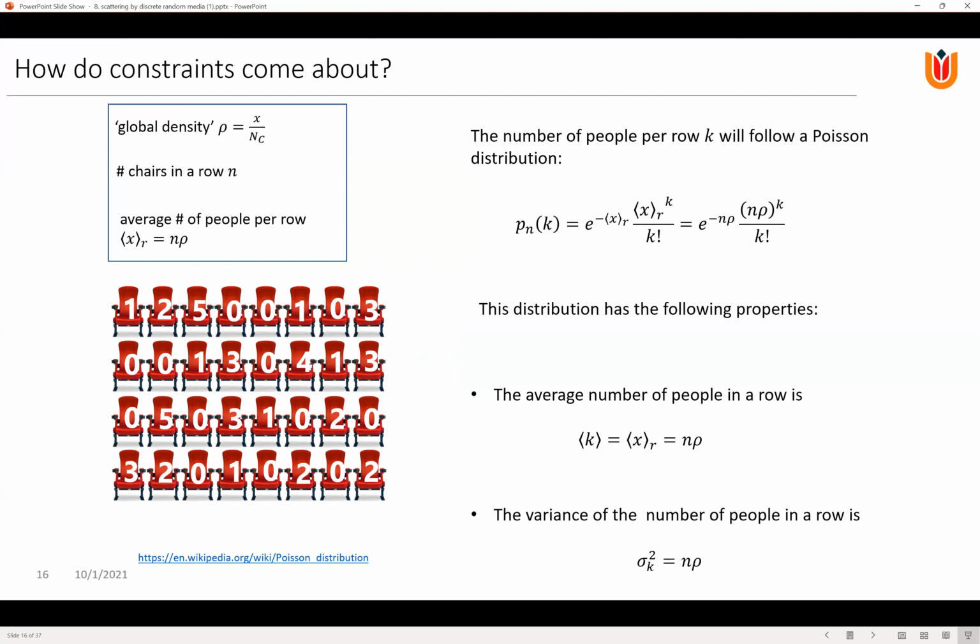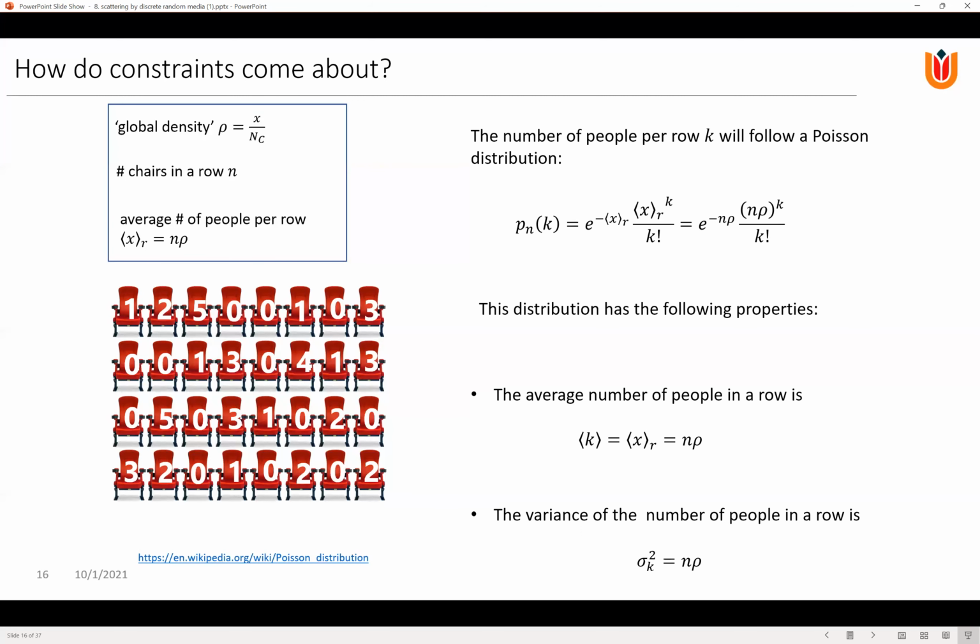So do you have a good feeling about what the variance is? You have a mean, a standard deviation, so that's the fluctuation around that. And the variance is the square of that. So for this distribution, we have the property that the mean and the variance basically are the same.